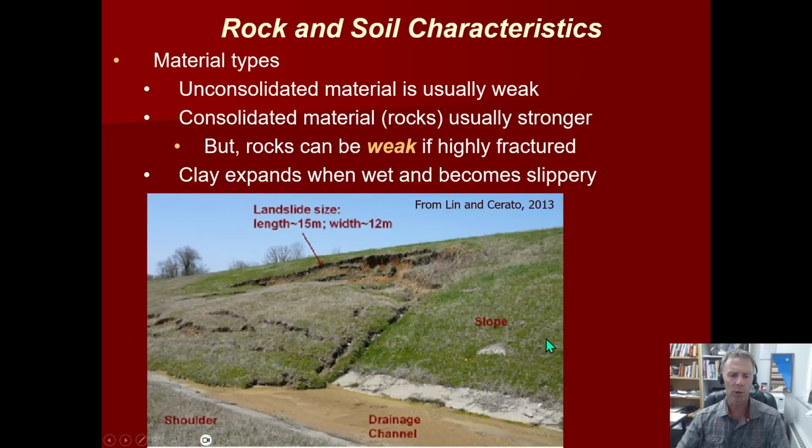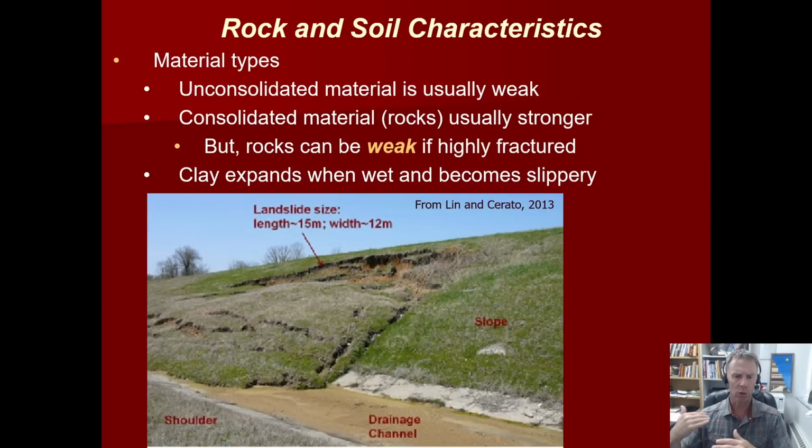Other things that are important are just the types of materials you have, the actual material making up the slope itself. Usually if it's loose material, like loose sediment, it's typically weaker than consolidated material like solid rocks, although you can have fractures in rocks or pre-existing weak layers in rocks like bedding in sedimentary rocks, or foliation, the layering we see in metamorphic rocks.